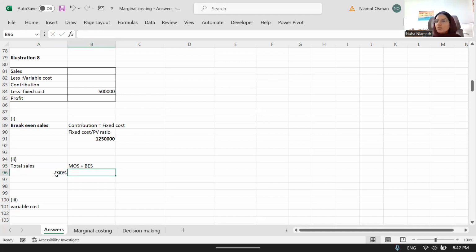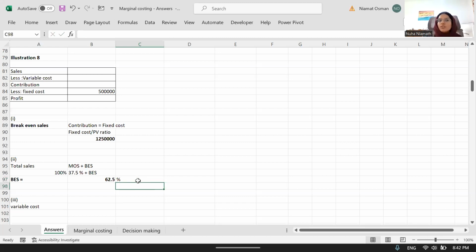Margin of safety is given to be 37.5%. Now break-even sales, we don't know. That is our X. So break-even sales will be equal to 100 minus 37.5. So 100 minus 37.5 will give me 62.5. This is my break-even sales percent.